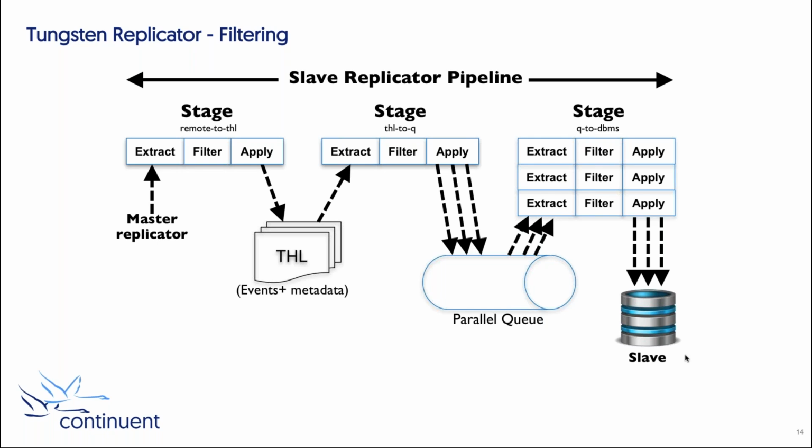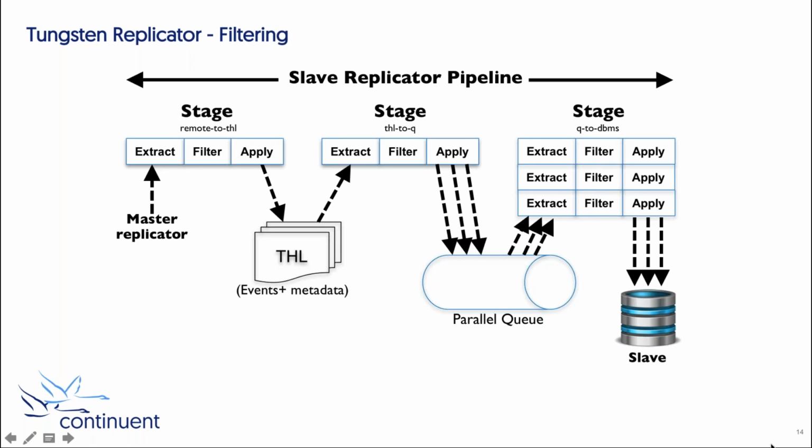And then the THL is written to disk on the slave. The second stage, THL to queue, another thread in the replicator is reading the THL and puts the transactions into a queue. And then queue to DBMS is the third and final stage, where yet another thread is reading the queue from the previous stage and is writing the transactions to the target.